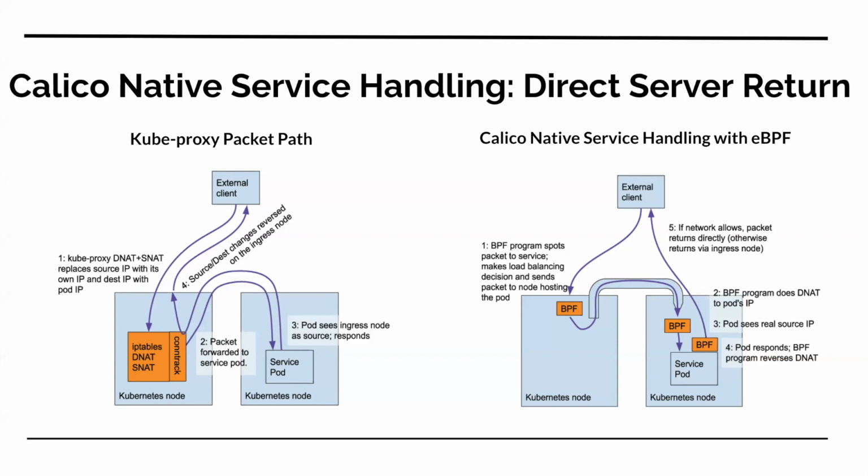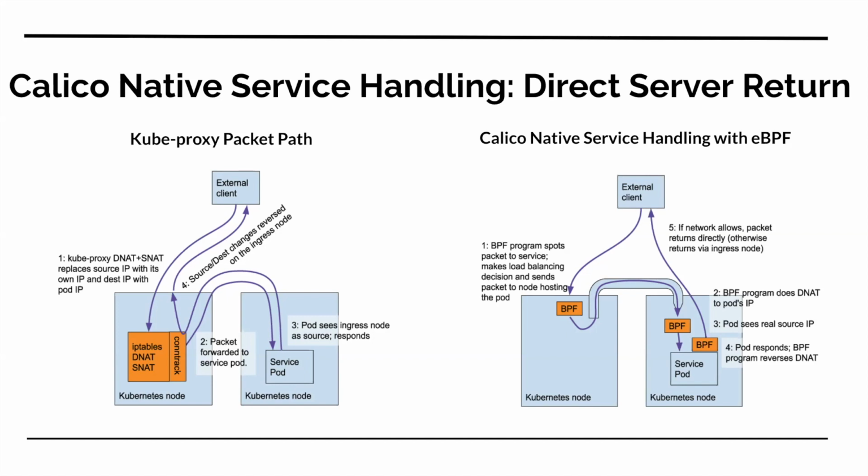So with our eBPF deployment in our Calico eBPF data plane, this model changes. And one of the most significant differences is in swapping out the Kubernetes kubeproxy with native service handling. So in that case, when an incoming connection is received for a service, Calico's eBPF data plane makes its load balancing decision, then forwards the packet to the node hosting the chosen service pod.